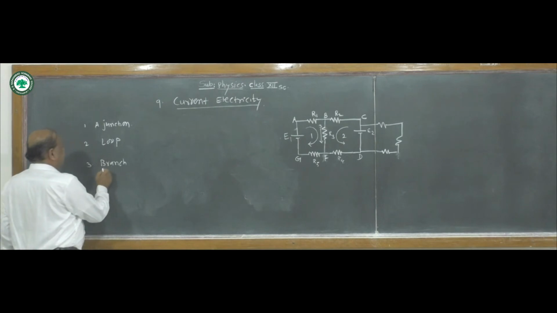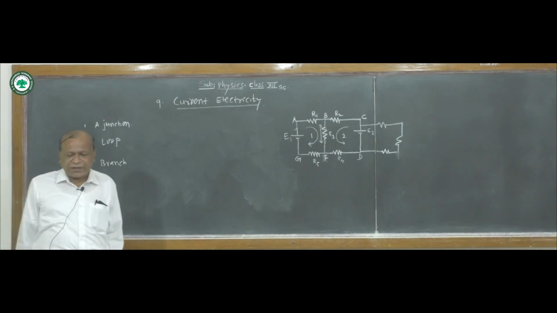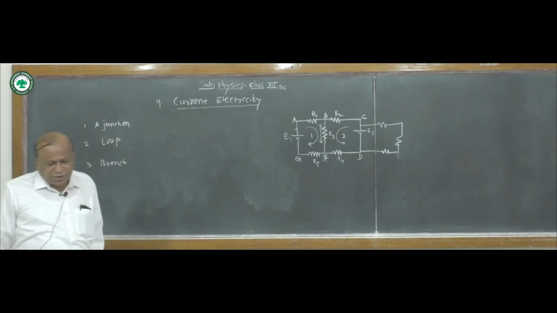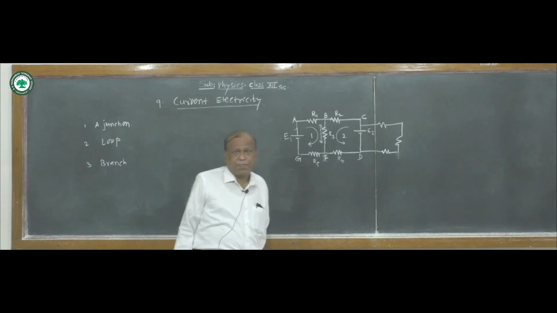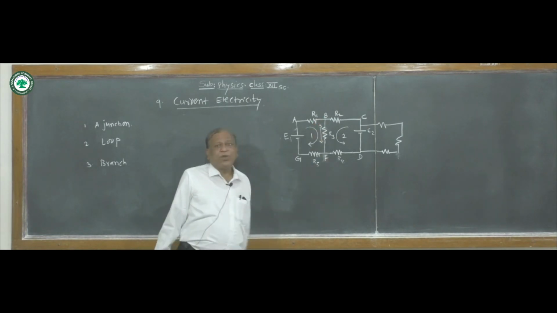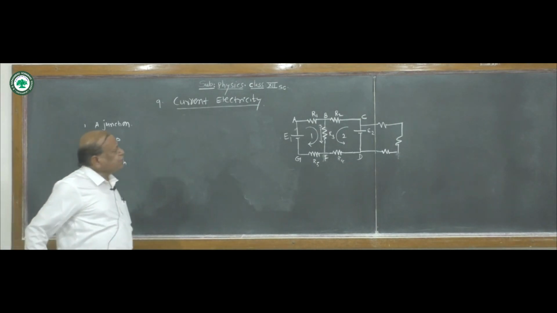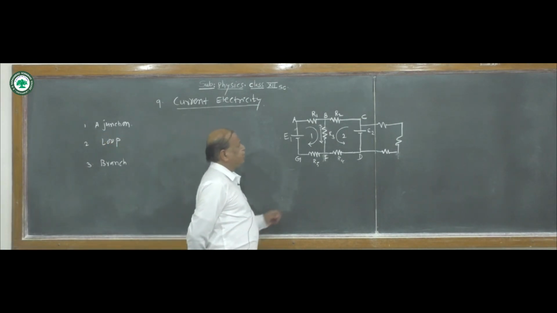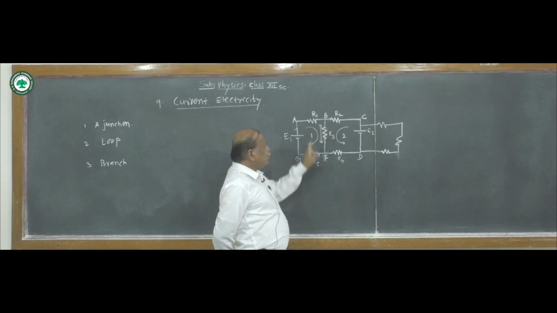Now the third concept is what it means by a branch of that network. A branch is any part of the network that lies between two junctions.